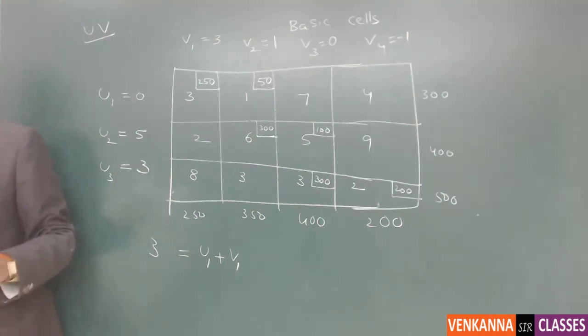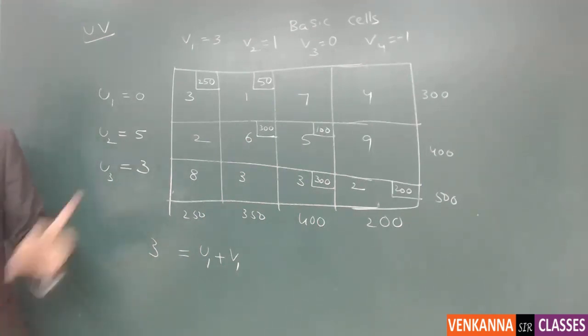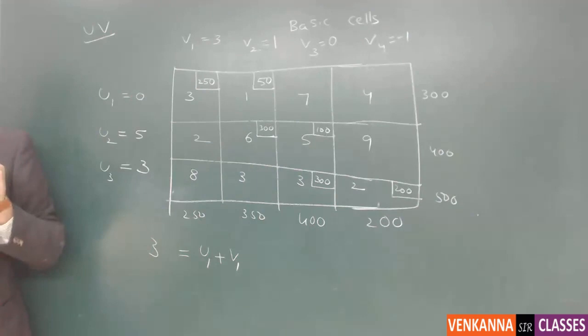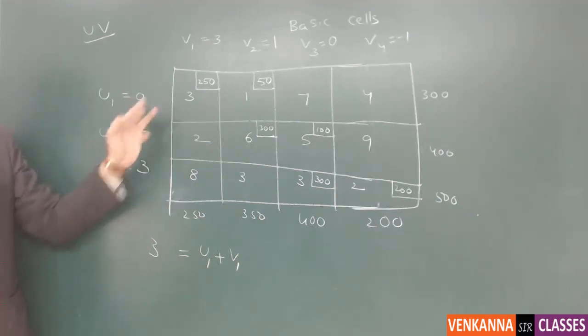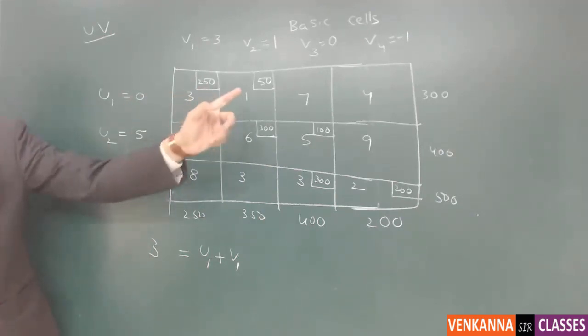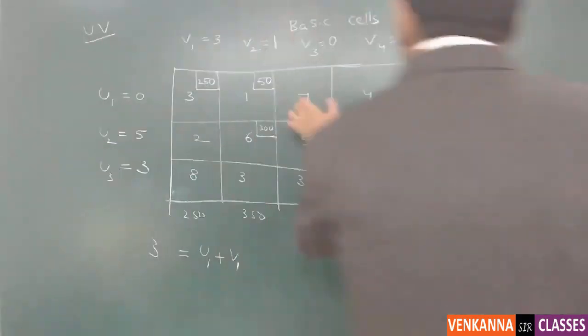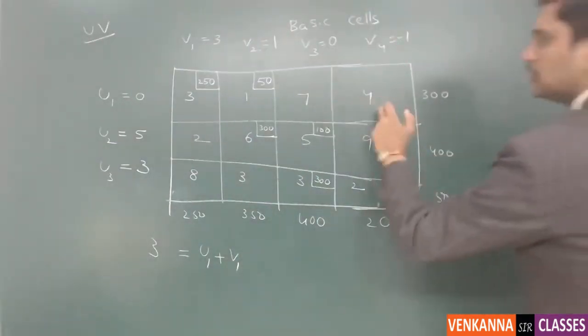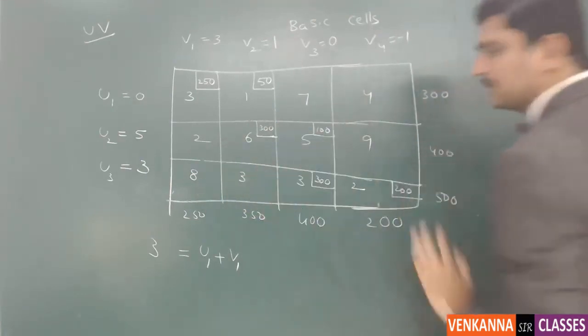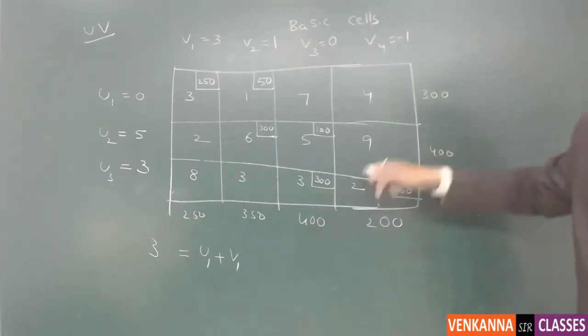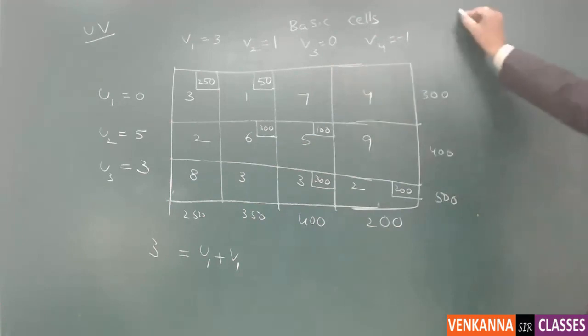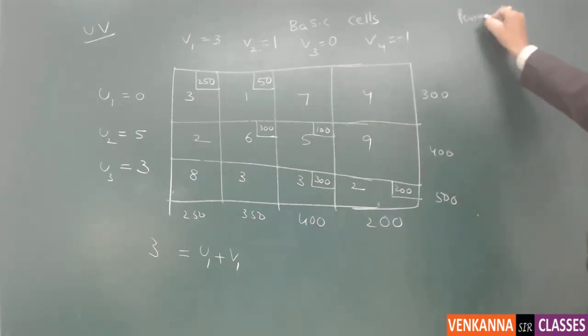Right. So by checking with the basic cell values, I have computed u1, u2, u3 and v1, v2, v3, v4 values. Now I have the non-basic cells remaining: 1, 2, 3, 4, 5, 6. For the remaining non-basic cells, I am calculating the penalties.